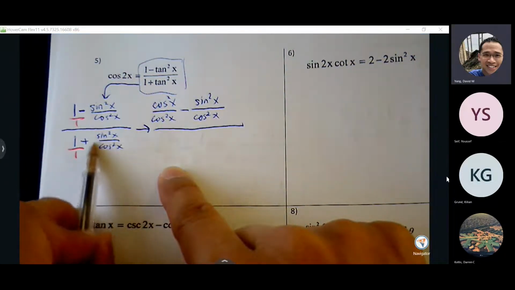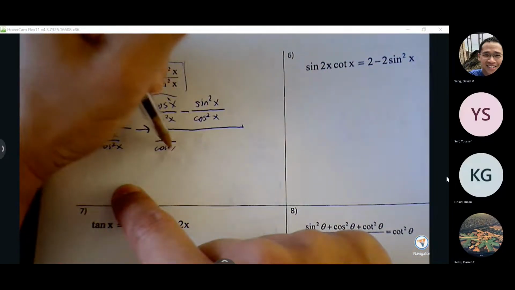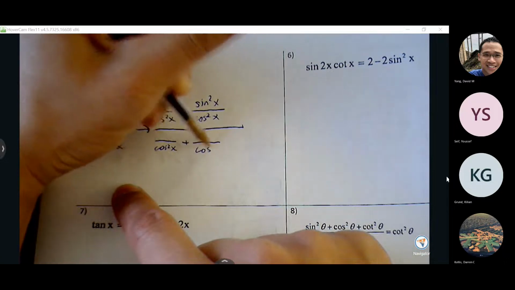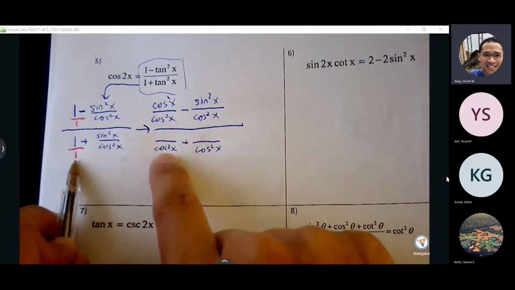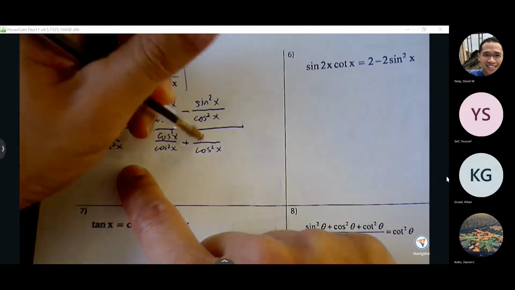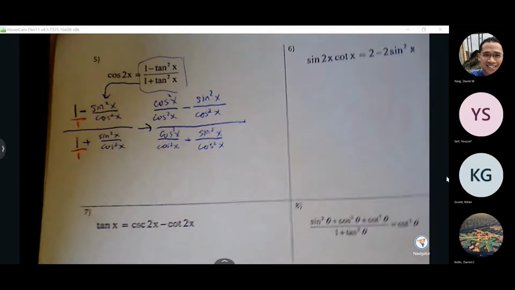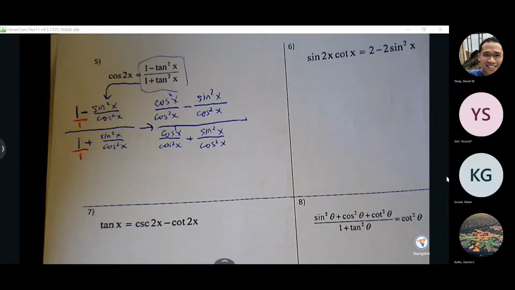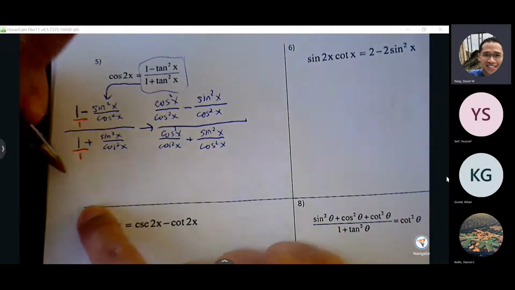The denominator here, also cosine squared. Common denominator. Balancing fractions here. One's missing that cosine squared, so I multiply the top by cosine squared. Okay, let's put all this together here.